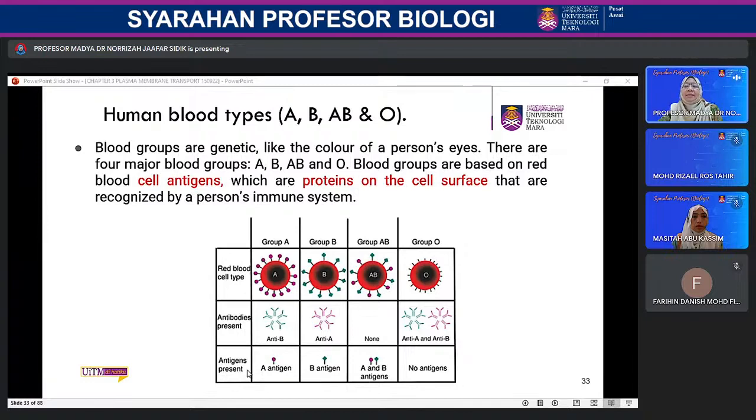The blood groups are based on red blood cell antigens, which are proteins on the cell surface that are recognized by the person's immune system. If the A antigen is present, the red blood cell type is group A. B antigen, group B. Group AB has A and B antigens. And group O has no antigens.